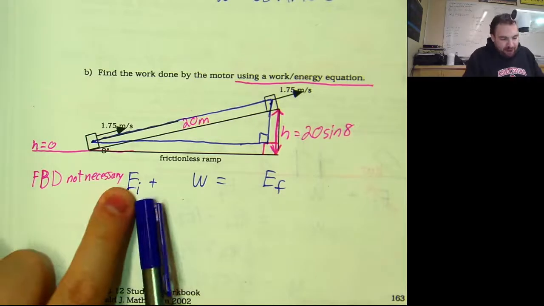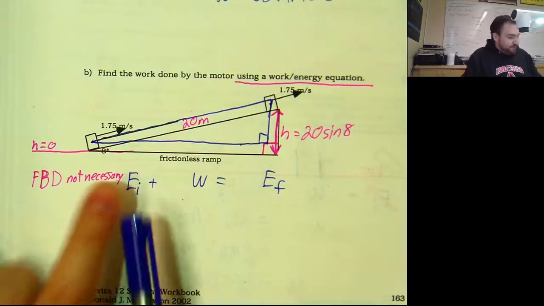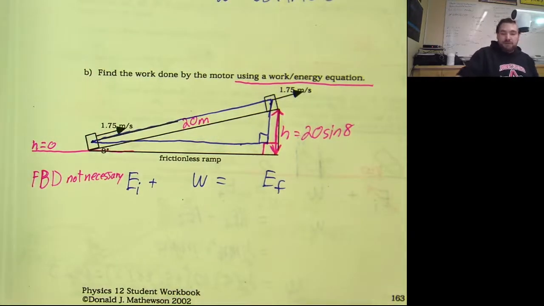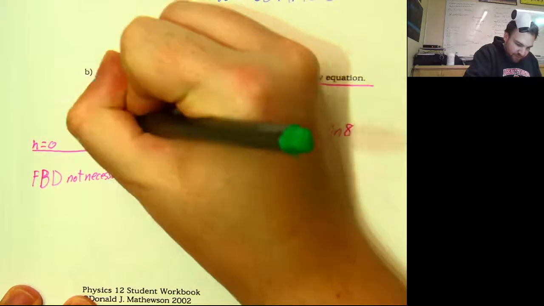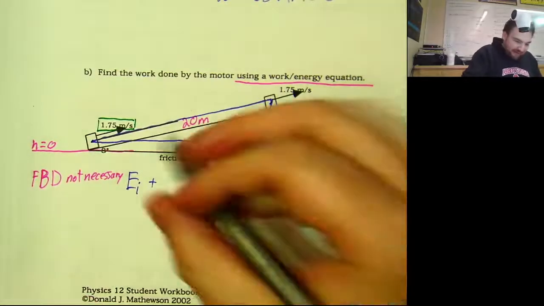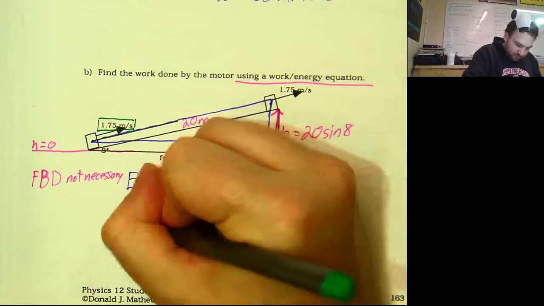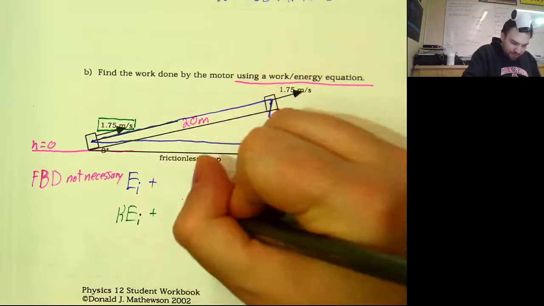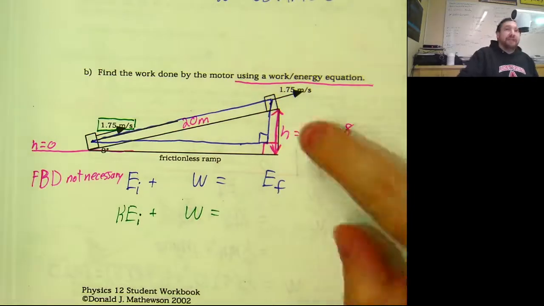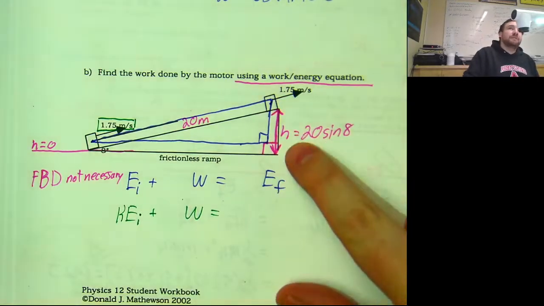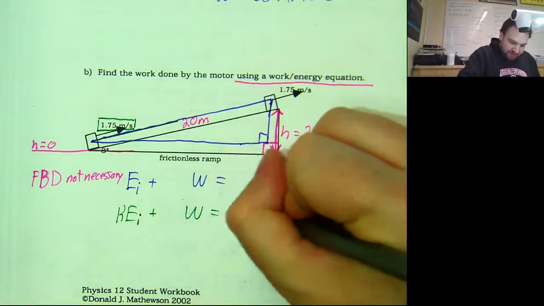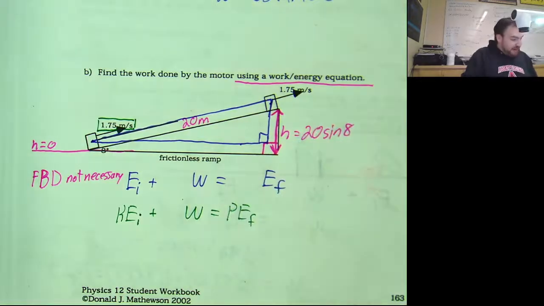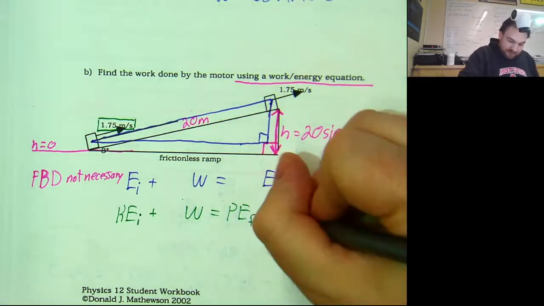So at the beginning of my problem, energy initial is what? What kind of energy does my object have at the beginning? It has kinetic energy. This right here tells me that at the beginning I have kinetic energy plus some work being done is going to give me what kind of energy at the end? I'm going to have potential energy at the end, and I'm still going to have kinetic energy.